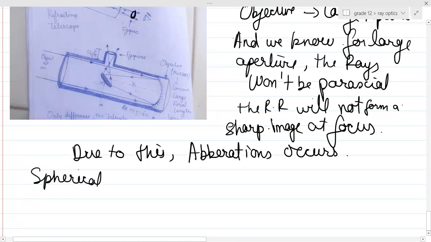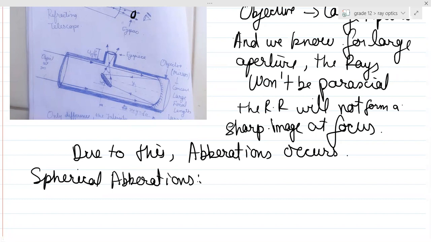I'm just giving you the advantage of the reflecting telescope over the refracting telescope. Now, what are these spherical aberrations, guys?